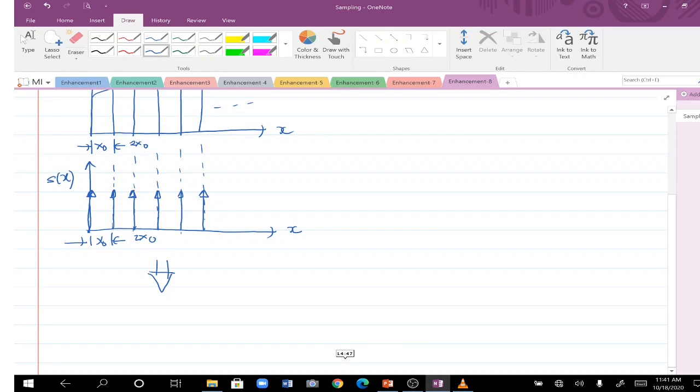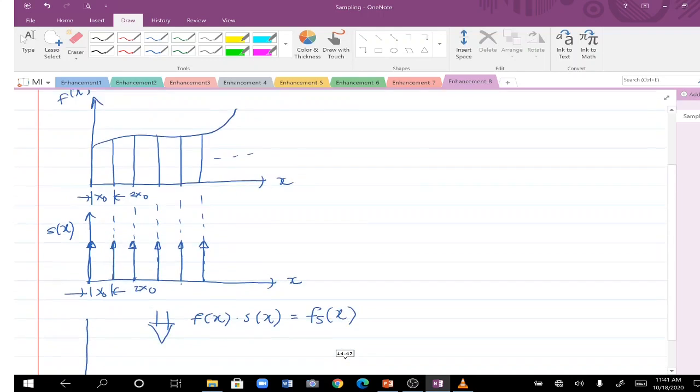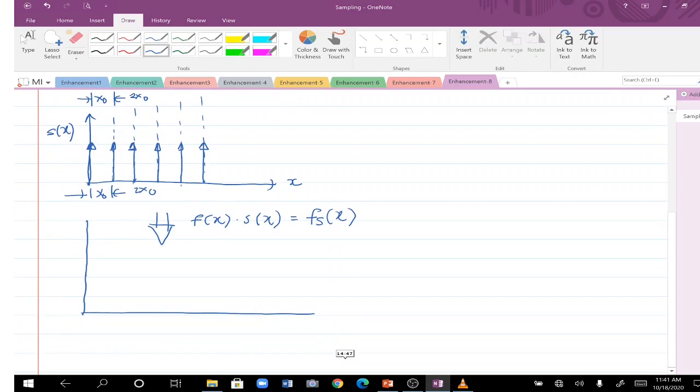So this is what you are going to do, and as a result of multiplying f of x with s of x, you are getting a new function. Let's call it f subscript s of x. So what would be that function now? Originally, let's say the f of x envelope is like this.